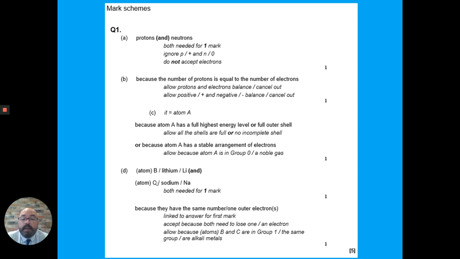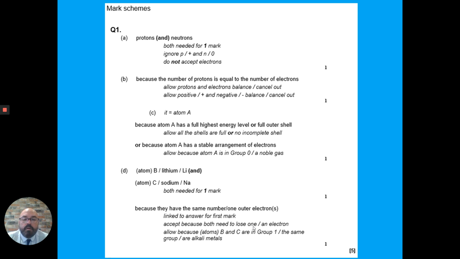The second mark then is for giving that reason why, as it says in the question. So the key answer is they have the same number of outer electrons, or they have the same number of electrons in the outer shell. A few more detailed answers that people have put in the past, and you might say because both need to lose an electron.